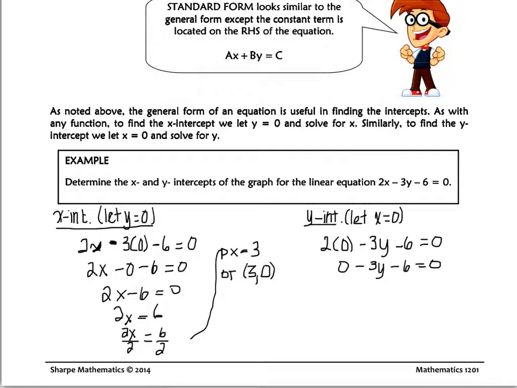When working with it, it's nice easy numbers. So we isolate the negative 3y, bring the 6 over, or add 6 to both sides, whatever way you want to look at it. Then divide both sides by negative 3 and you get y equals negative 2. Or as an ordered pair, that would be (0, negative 2).